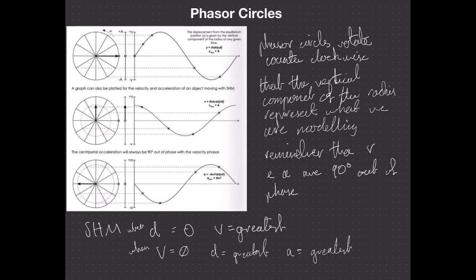Okay. So greatest displacement, minimum velocity, greatest or maximum acceleration. We've used D here being our displacement Y.